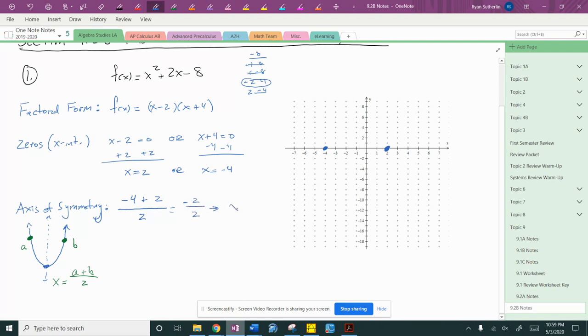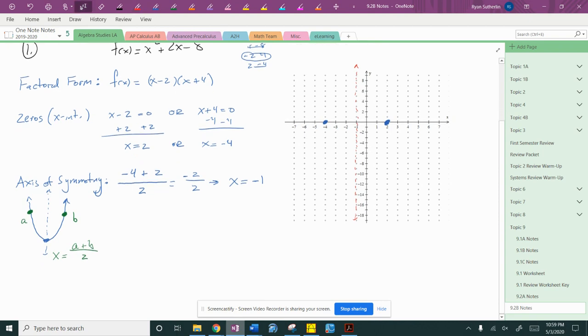That tells me my axis of symmetry, remember, would always start with x equals, is x equals negative 1. And so if I go to negative 1, I'm going to change colors, and draw my axis of symmetry. It's pretty clear that that is halfway between my 2 zeros. So there's your axis of symmetry.